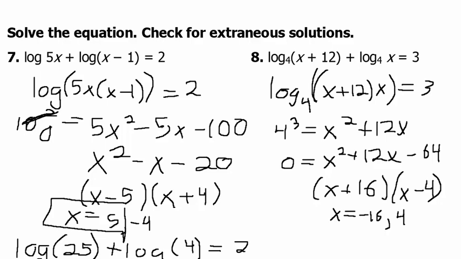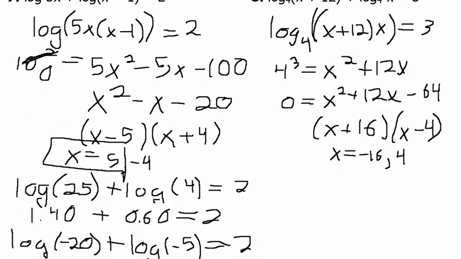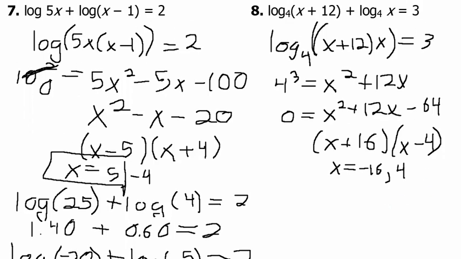Now when we test those in the original problem, we're going to have log base 4 of -16 plus 12 is -4. There's our problem. Plus log base 4 of -16.